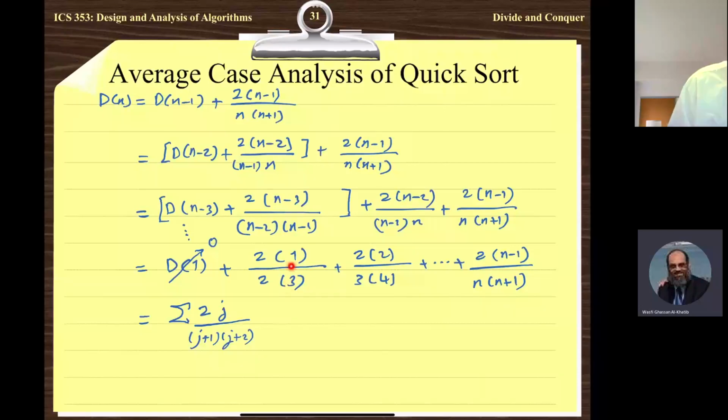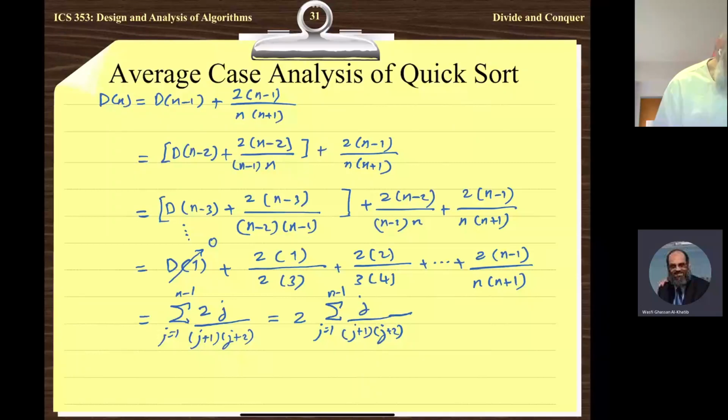And j runs from where to where? It's very obvious: j runs from 1 to n-1. So this is equal to twice the sum of j over (j+1) times (j+2), with j equals 1 to n-1.